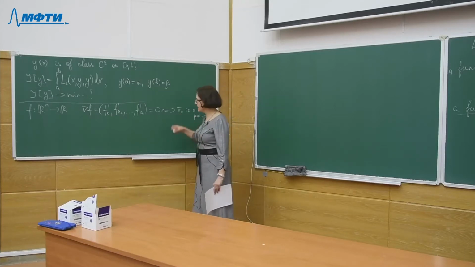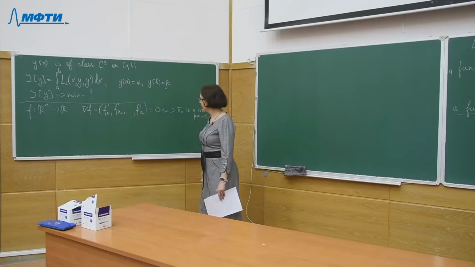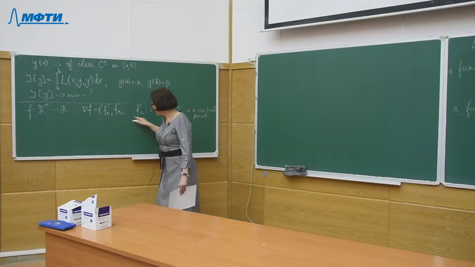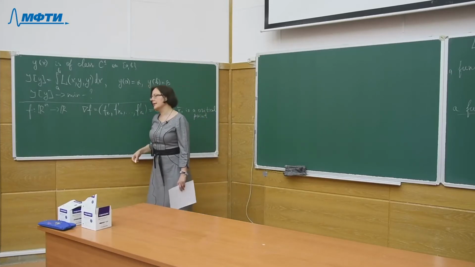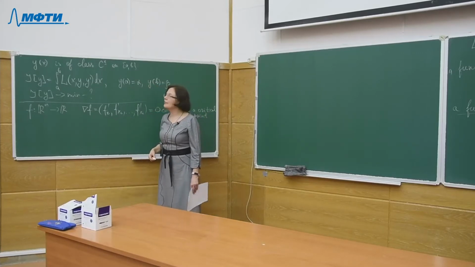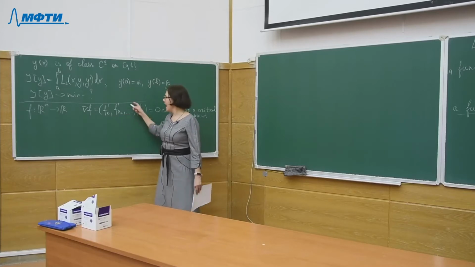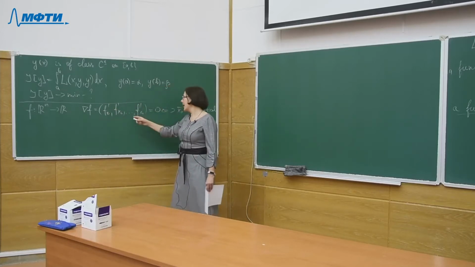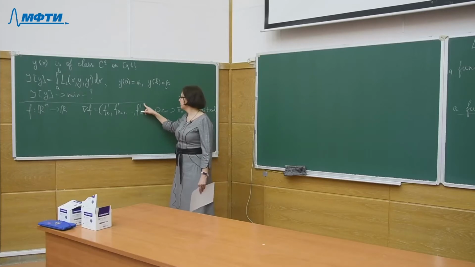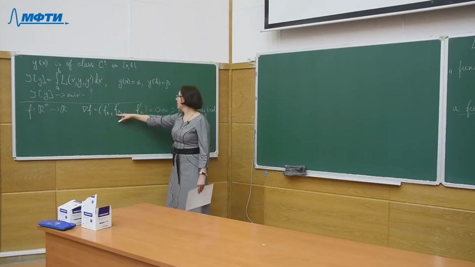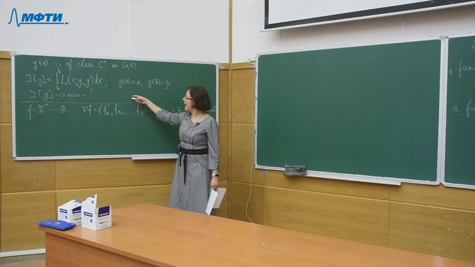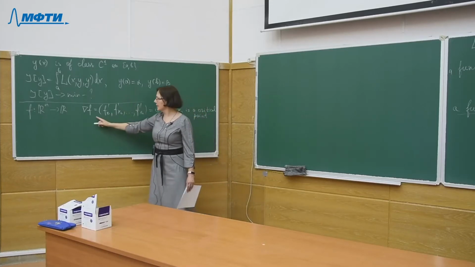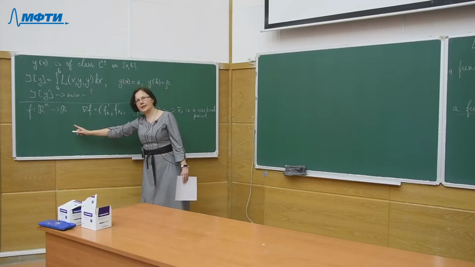So x0 is called a critical point if the gradient of our function is 0. We assume that our function is differentiable. And we will try to find the analogy of this equation for the functional, when the arguments are not n-dimensional vectors but functions.